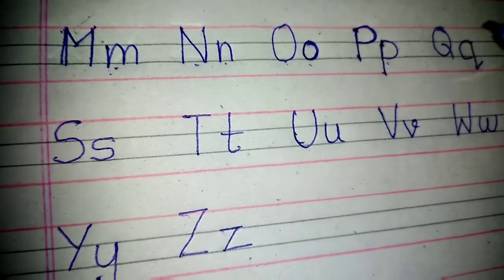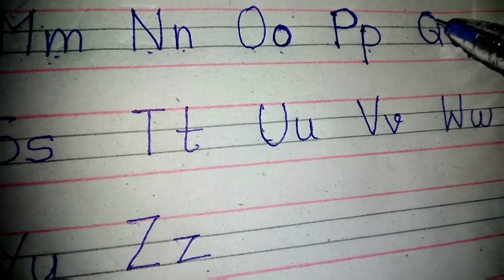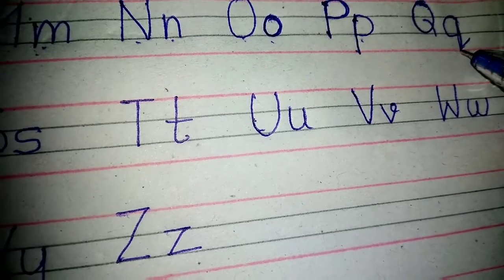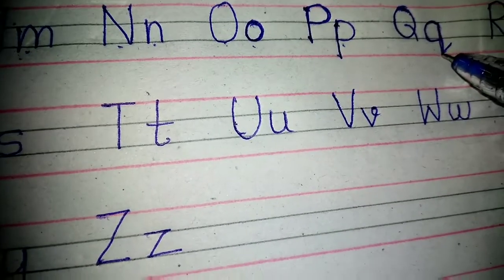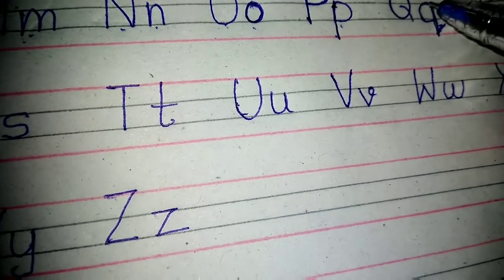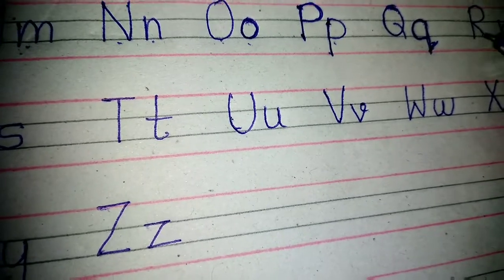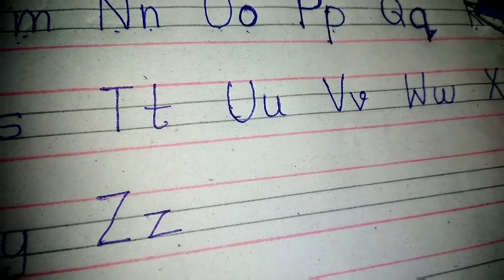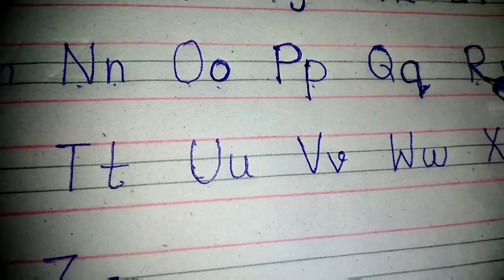Then you write the upper left curve. Now you take Q. As with small q, you have to write here the down red line and slant line and right curve. Now you take capital R. Capital R is a standing line, left curve, slant line.